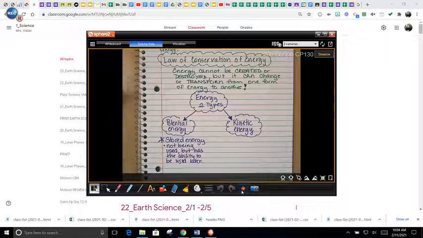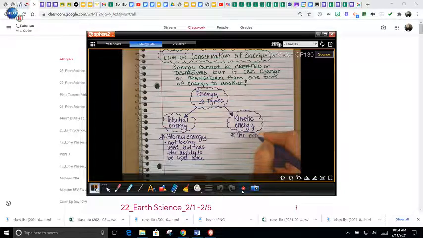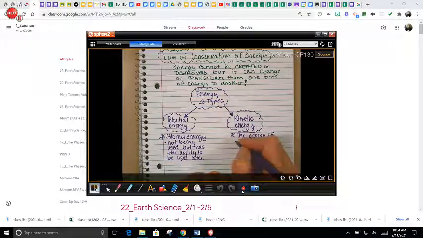Now, stored potential energy has the potential to be used and converted to kinetic energy. And kinetic energy is literally energy of motion. So when something is being done or getting taken care of, it's using that stored energy to actually do something, and that's the energy of motion, when things are happening.